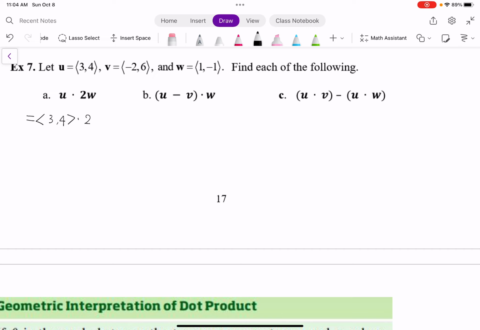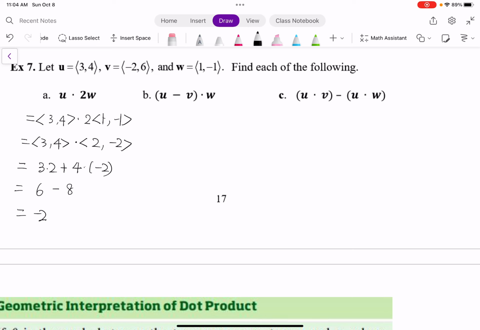Let's find 2w first: 2 times (1, negative 1). So it's (3, 4) dot (2, negative 2). The dot product is 3 times 2 plus 4 times negative 2. This is 6 minus 8. This is negative 2.